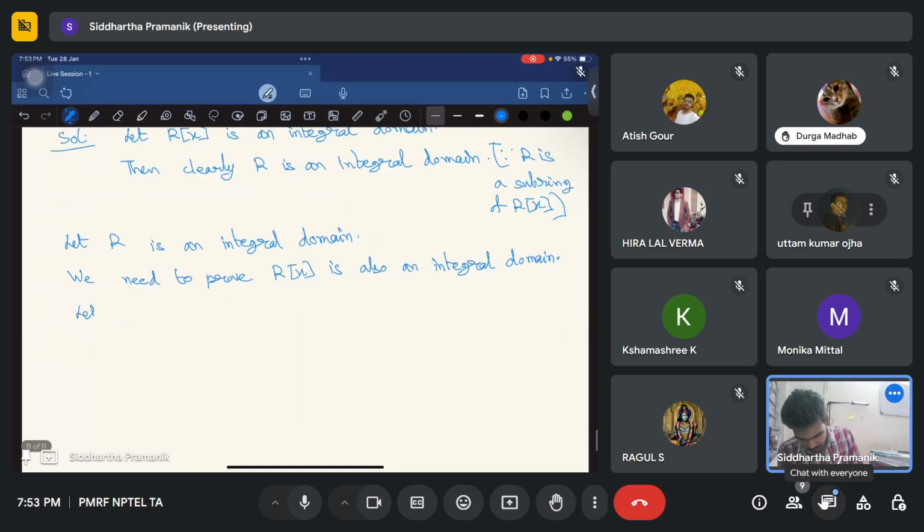So let f(x) equal to a0 plus ... plus an x power n, and g(x) equal to b0 plus ... plus bm x power m, be non-zero polynomials in R[x].